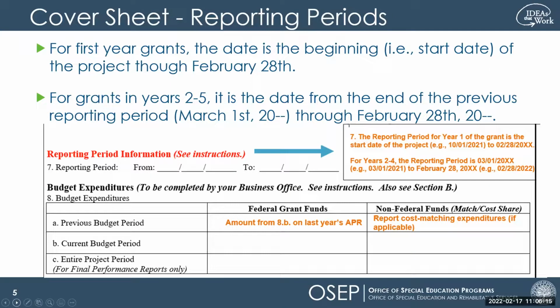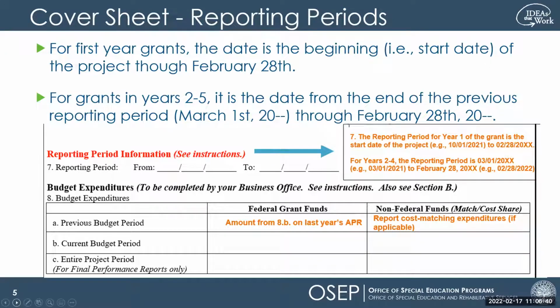Item 7 on the cover sheet is the reporting period. For first-year grants, the date is the beginning of the project, your start date, through February 28th. So if this is your first APR and your project started on October 1st, you will be reporting on 5 months of project activities.